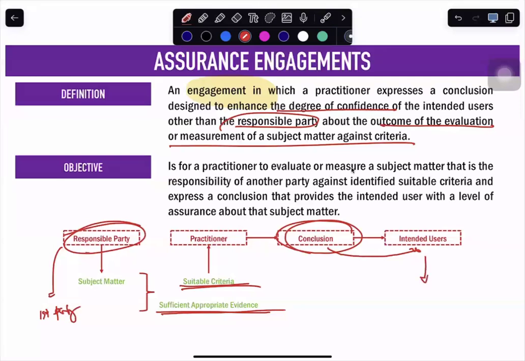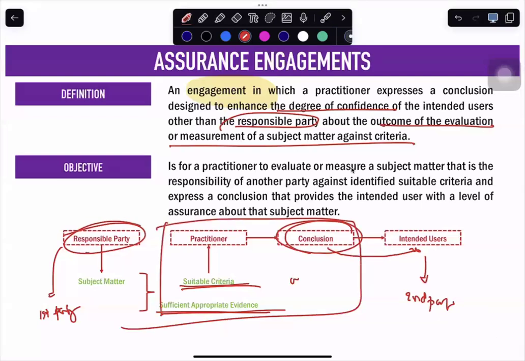The intended users is the second party. And still, we have here your practitioner who lends reliability over the particular subject matter, or enhances the degree of confidence over that subject matter. The practitioner provides a conclusion. So that is the definition of an assurance engagement.